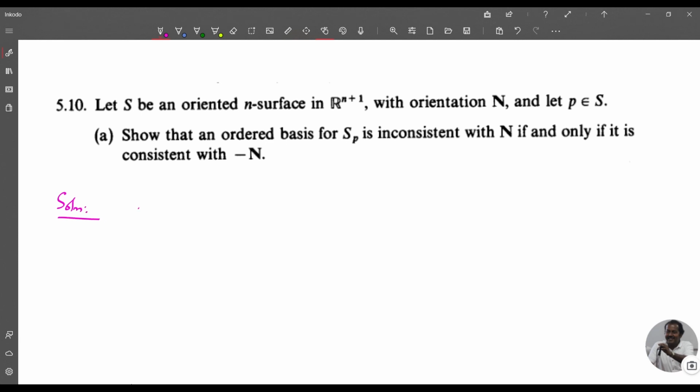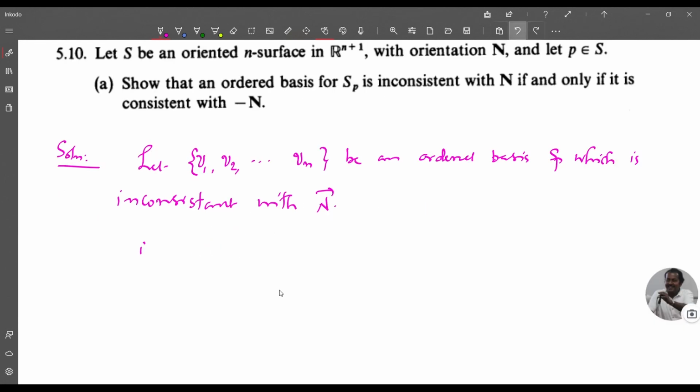Let V1, V2, etc., Vn be an ordered basis for Sp which is inconsistent with n. That is, the determinant of V1, V2, etc., Vn, n is less than 0.